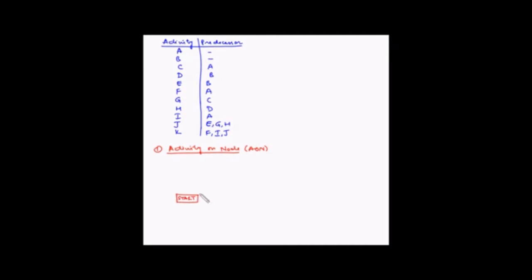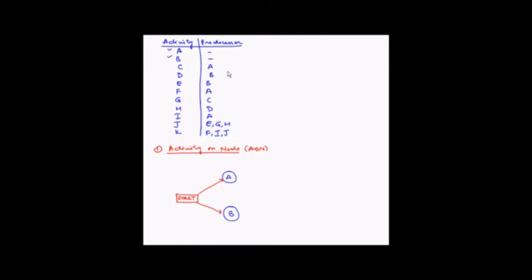Now here we can draw two arrows. Now we can draw the activities A and B. So this is A and this is B. So in this activity list we have completed A and B.